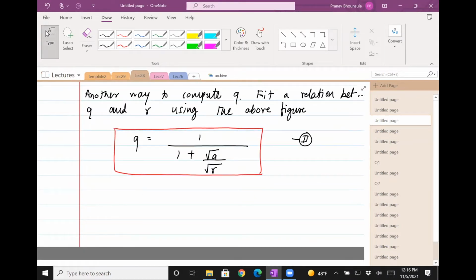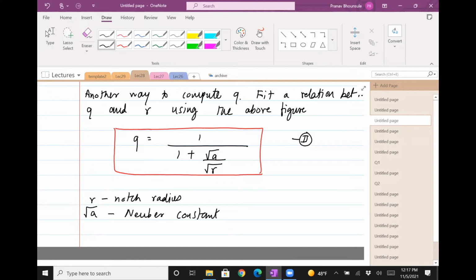Here we can see that r is clearly the notch radius. What is a? It turns out that square root of a is a constant called the Neuber constant, and that clearly depends on the material.